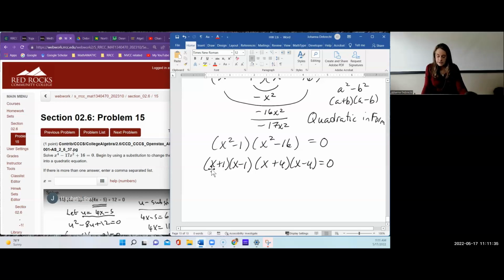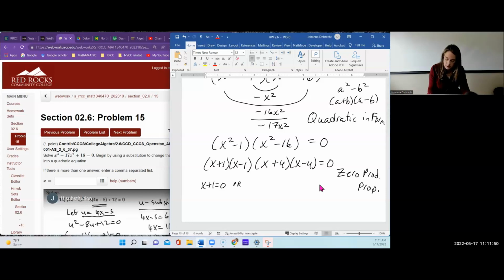Now we can solve this by setting each of the factors equal to 0 using the zero product property. This would give me x plus 1 equals 0, or x minus 1 equals 0, or x plus 4 equals 0, or x minus 4 equals 0.